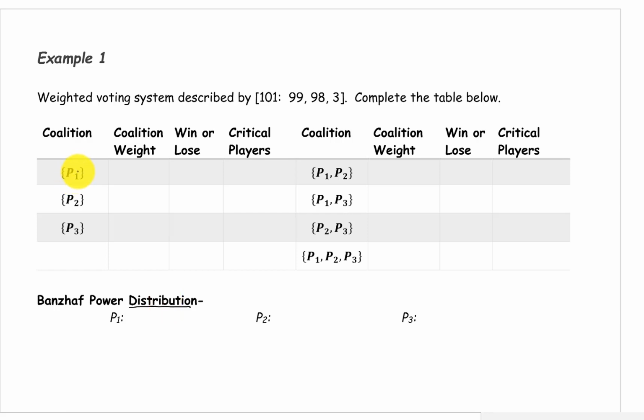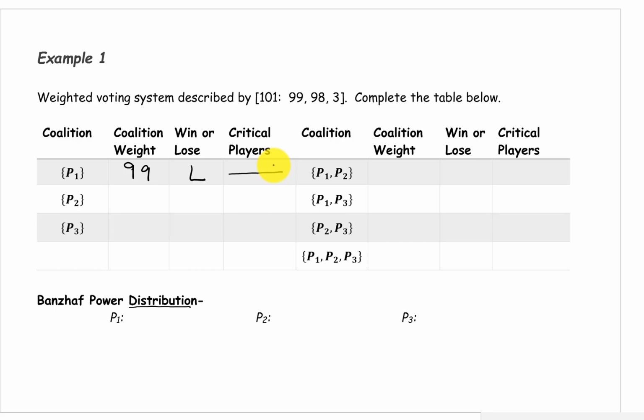So just P1 by themselves has a weight of 99. 99 does not meet the quota, so that would be a losing coalition, and we don't need to worry about critical players. A critical player is a player who, if removed, will cause the coalition to change from a winning coalition to a losing coalition.